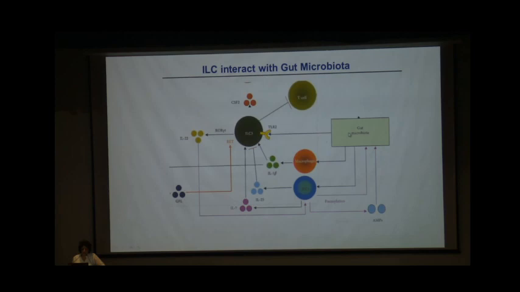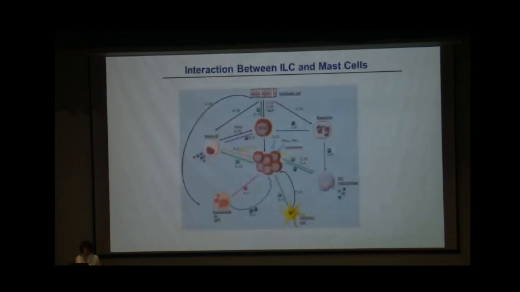That the gut microbiota directly see the ILC, and then IL-2 and the IL-22, and when the gut microbiota is recognized by the macrophage there, IL-1 beta stimulates the ILC. There is a close interaction of the ILCs with the gut, which gives me the hope that yes, ILCs are more in immunity than any other cells.